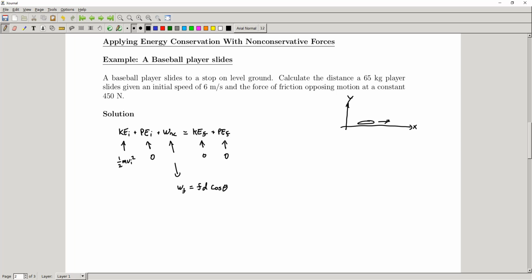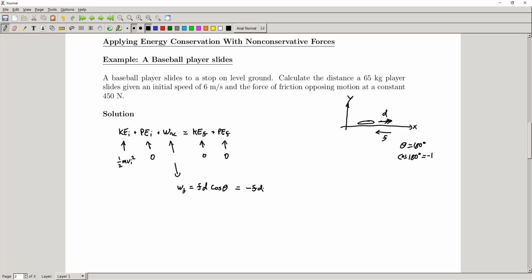But again, if we go back to our picture here, we can see that if our player is sliding in this direction here that I've drawn, this is going to be the direction of our d, but our friction, F, is going to be operating in the exact opposite direction. So basically we're going to end up with a theta equal to 180 degrees, and the cos of 180 degrees is just minus 1. And so this is just going to become minus F d.